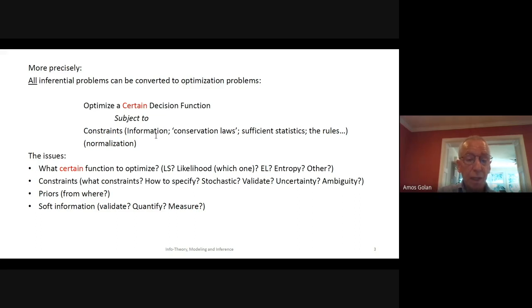basically capture the underlying theory, and then you do the optimization, you get your solution, and then you look at it and try to figure out whether it behaves as you think it does, or whether it behaves very differently, and then you try to adjust the constraints accordingly. So the choice of the constraints is always the main problem.